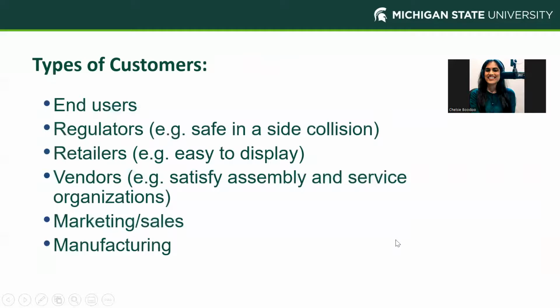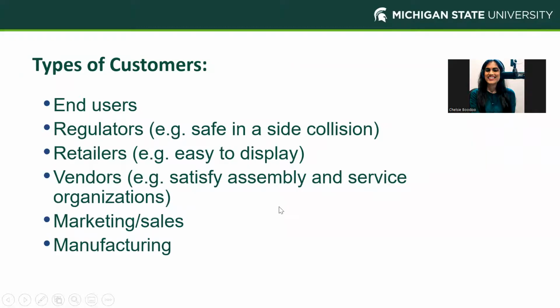Now, there are different kinds of customers. We tend to look at the end user as the customer, but regulatory bodies are just as important customers. They could stop your technology. Retailers, how are they going to process or display this product?